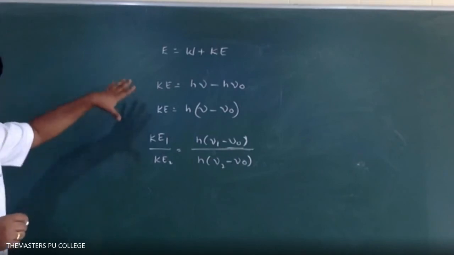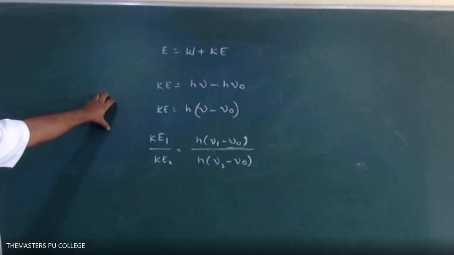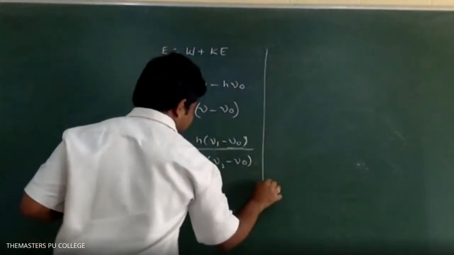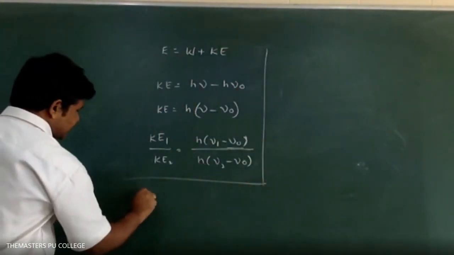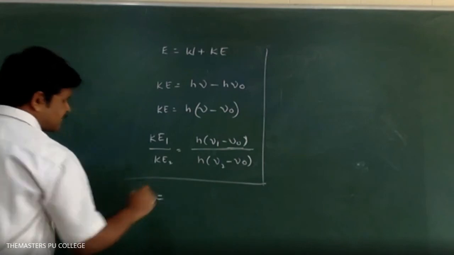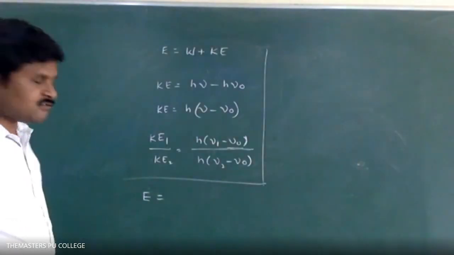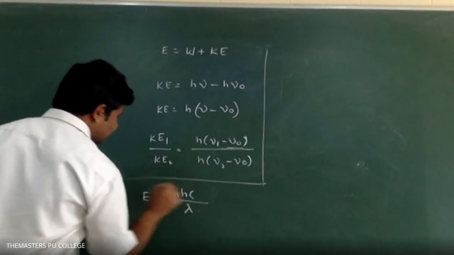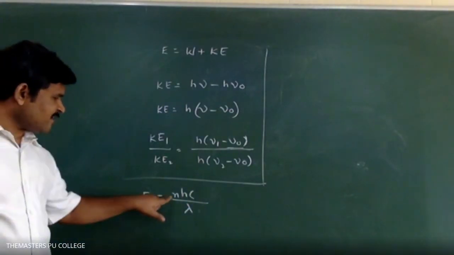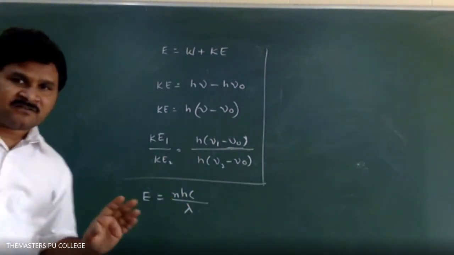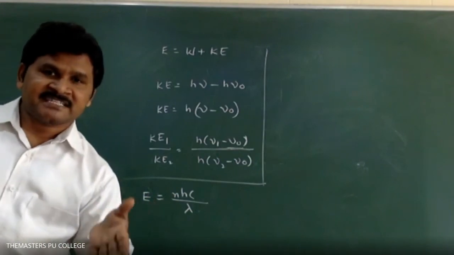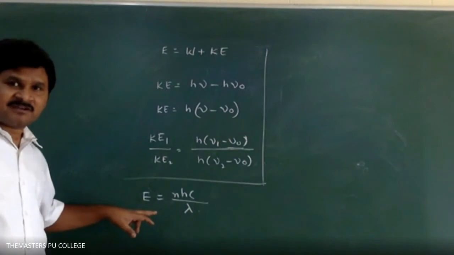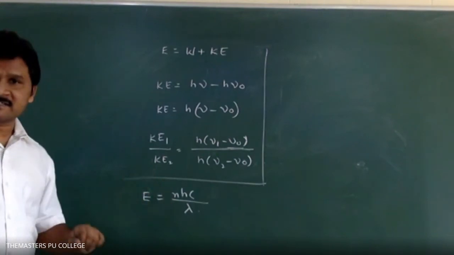You will get these formulas in the photoelectric effect. Next, what is the relation between energy and wavelength? E is equal to nhc by lambda. Where do we have to use this n? For the number of photons emitted with respect to energy, we use this formula. I already told it in Planck's quantum theory. E is equal to nhc by lambda.